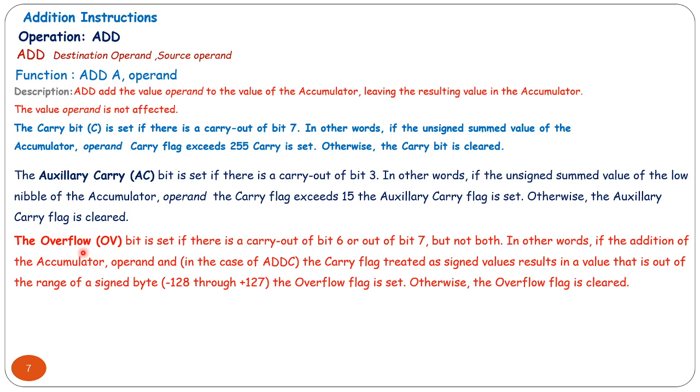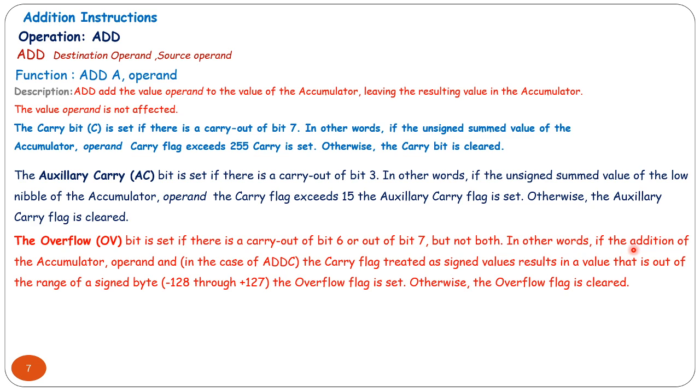Now the overflow flag OV is set if there is a carry out from bit 6 or out of bit 7, but not both.